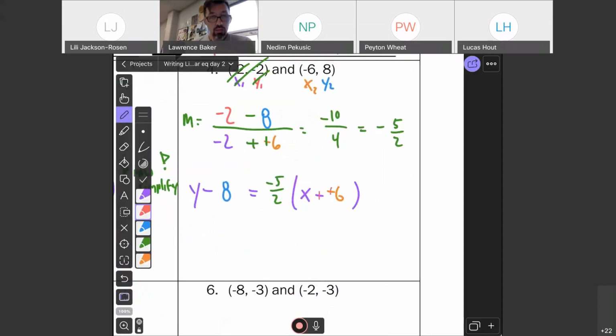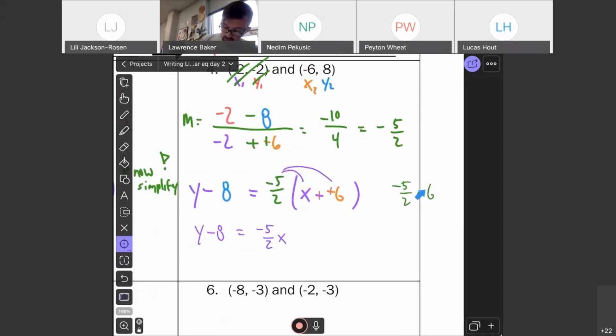So I'm going to change those to pluses. We're going to distribute. So negative 5/2 times 6. Y minus 8. Of course, negative 5/2 times x is just negative 5/2 x. So negative 5/2 times 6. 6 divided by 2 is 3. 3 times 5 is 15.